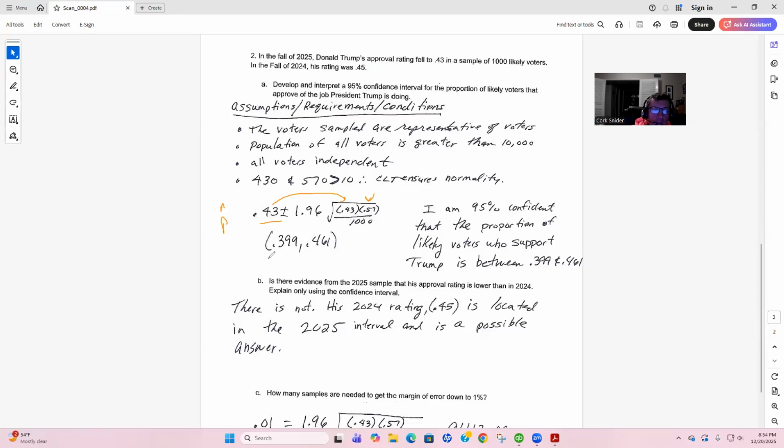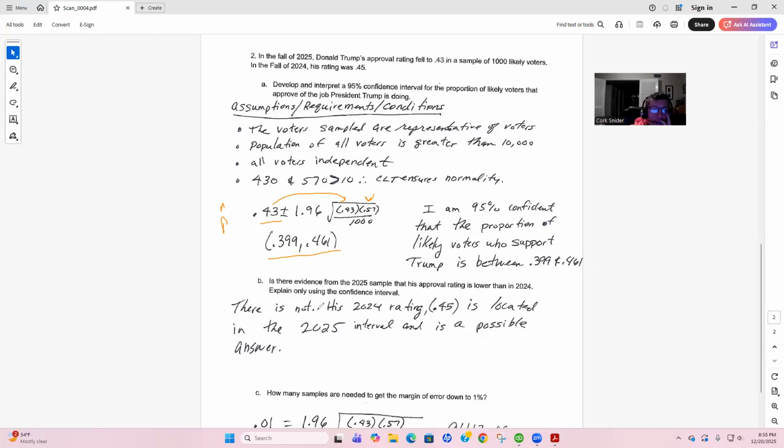And then again, you're going to use software to do this. You're going to use your Texas Instruments software, or you're going to use Desmos. And then this is the interpretation. I am 95% confident that the proportion of likely voters who support Trump is between 0.399 and 0.461.